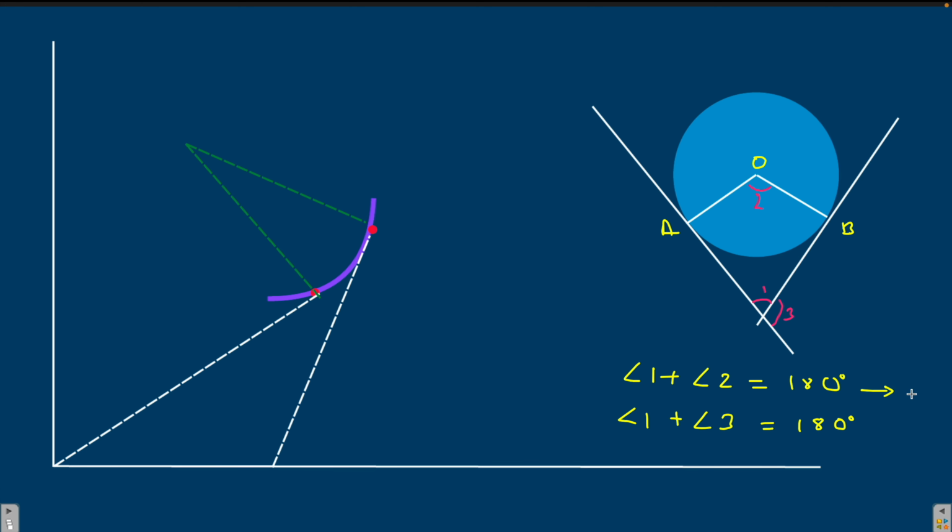Let me call these equation number 1 and equation number 2. From these two equations, angle 1 plus angle 2 is the same as angle 1 plus angle 3. Angle 1 gets cancelled out on both sides. So angle 2 is equal to angle 3.